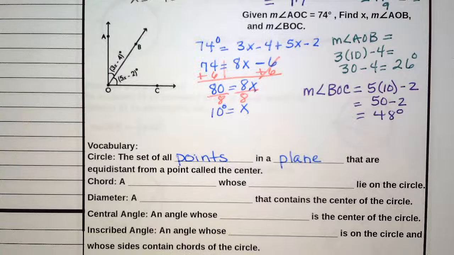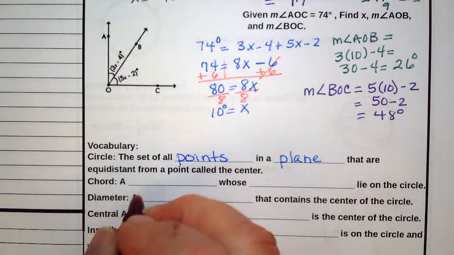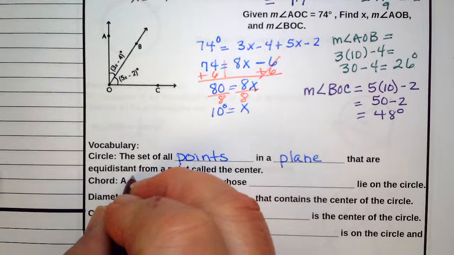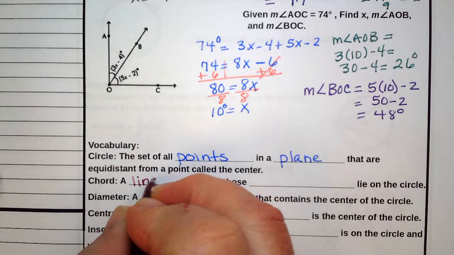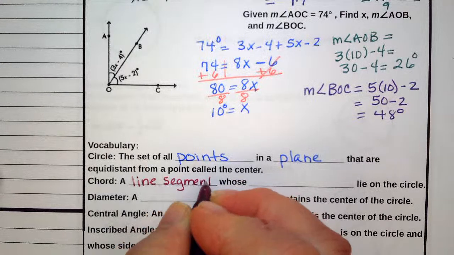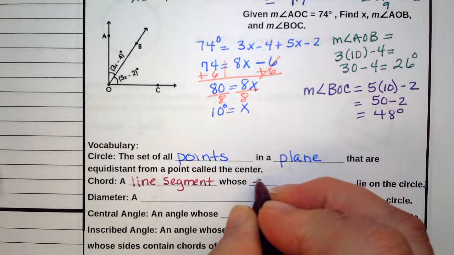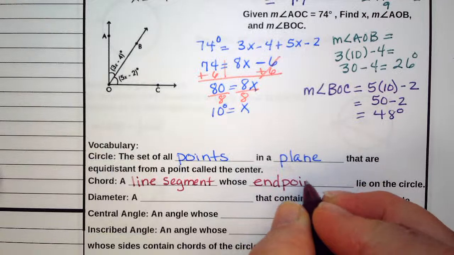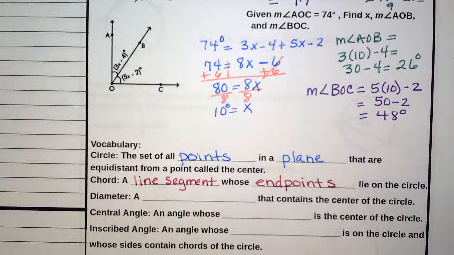What is a chord? A chord is a line segment whose endpoints lie on the circle.